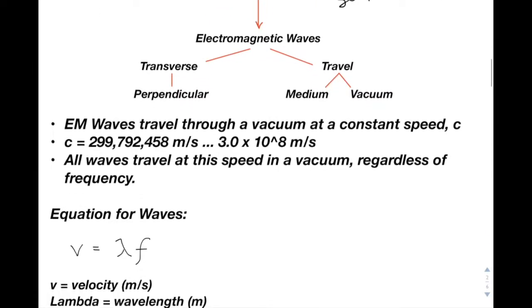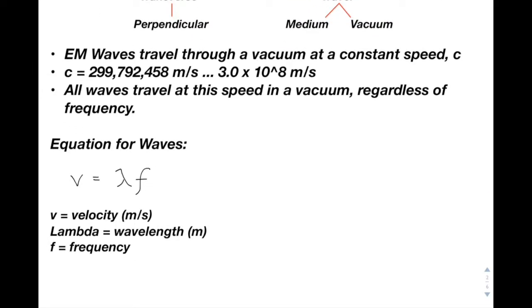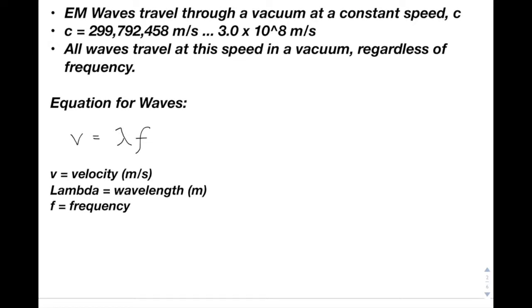So now that we're talking about speed and velocity, here's the equation for waves, which is velocity is equal to wavelength times frequency. And this is a very important equation because you'll definitely have to apply it in different situations. You should also know that the equation is built to calculate meters per second.